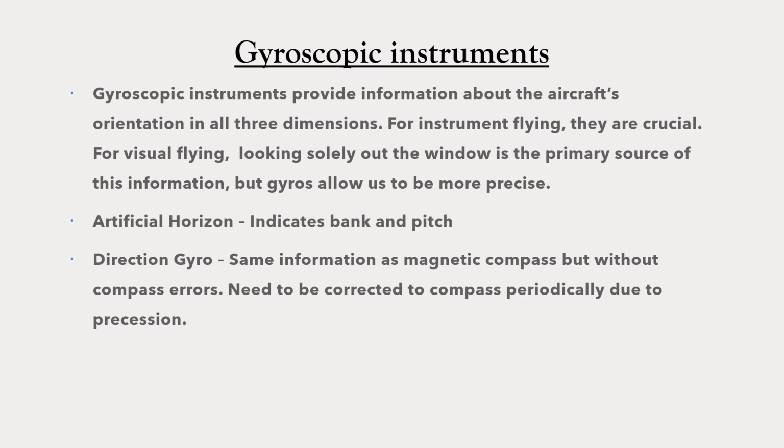So using the compass and a directional gyro together, you periodically, when everything is nice and stable, correct your directional gyro to be the same as your compass, and then use your directional gyro primarily, and then correct it again after a little while.